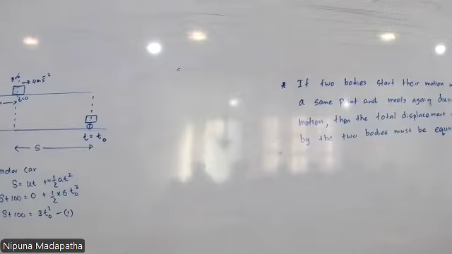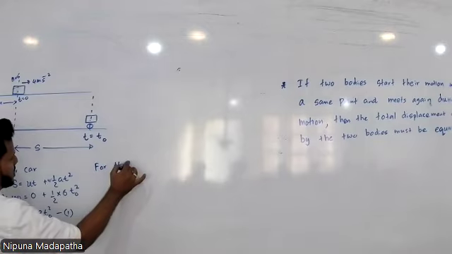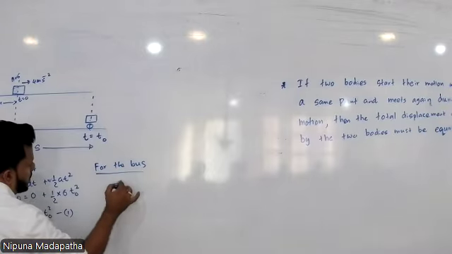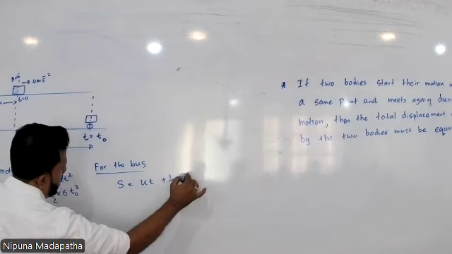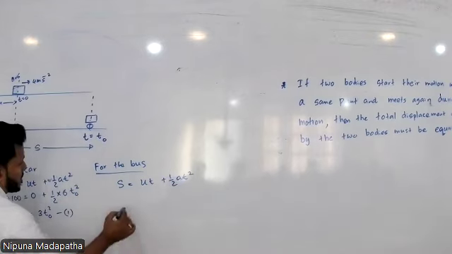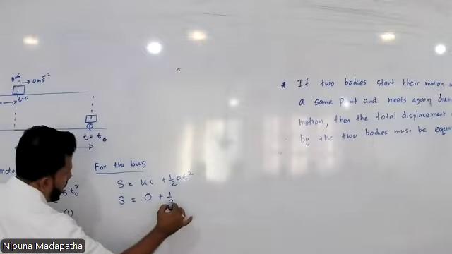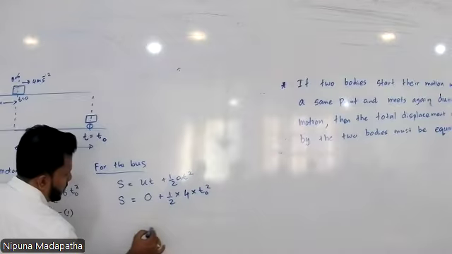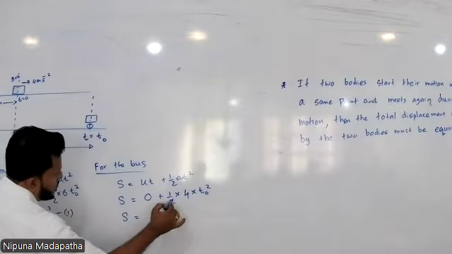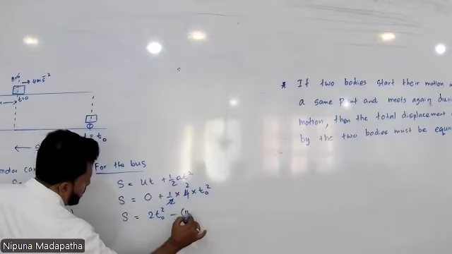Equation 1. For the bus, use a similar equation, half AT squared. So distance is S, U is 0, half, acceleration is 4, time is t naught. So S equals 2 t naught squared. Equation 2.